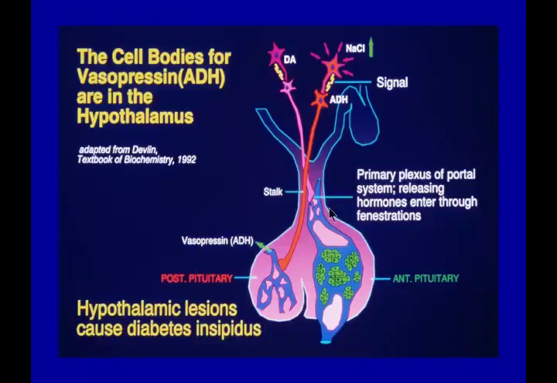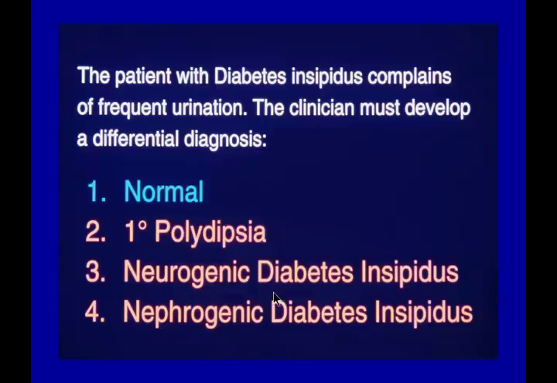As I have to say many times, the nerve bodies are in the hypothalamus, not in the posterior pituitary. So a patient with diabetes insipidus, who does not have any antidiuretic hormone, cannot retain water. They will pee a lot.